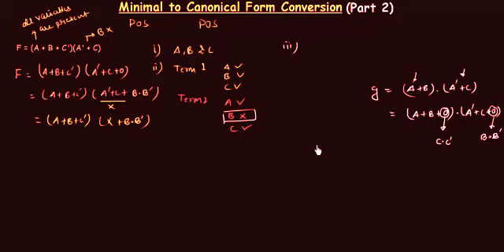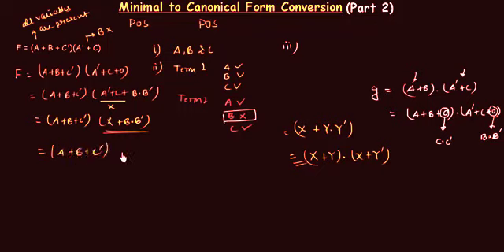If you remember the Boolean algebra, I explained the distributive law, and in that, X or (Y and Y complement) can be written as (X or Y) and (X or Y complement). So I'm going to use this law here, and we have (A or B or C complement), (X or B) and (X or B complement).